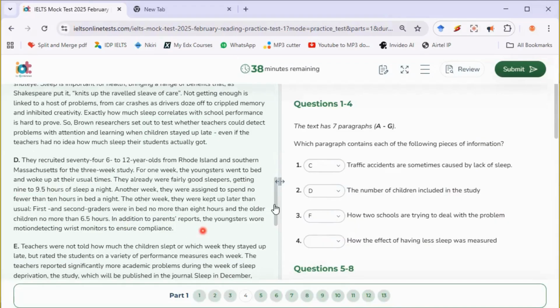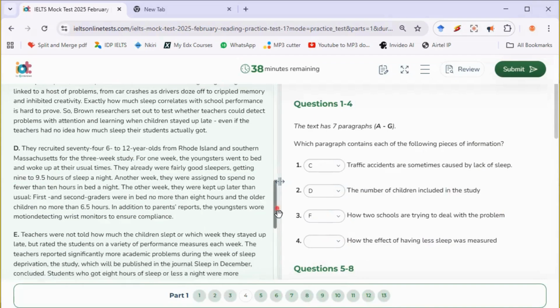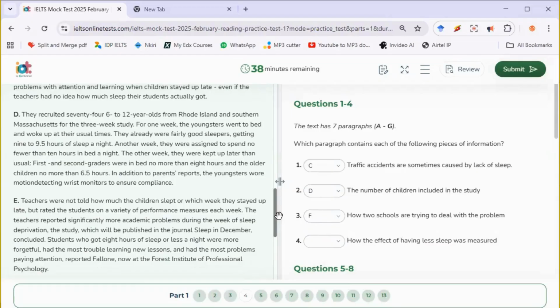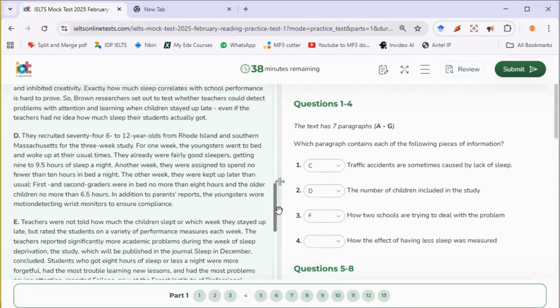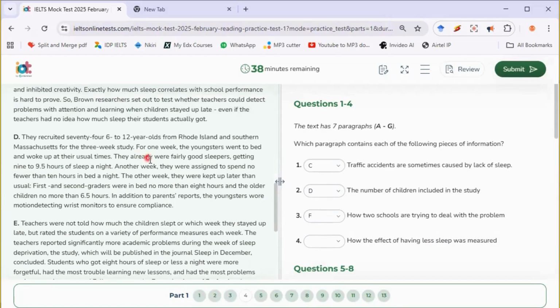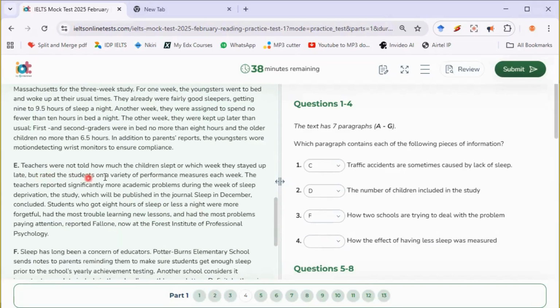How the effect, I think it should be paragraph, is that paragraph D or paragraph E? How the effect was measured. Teachers were not told but they rated the students on a variety of performance measures. I think it's paragraph E. Paragraph E is better.